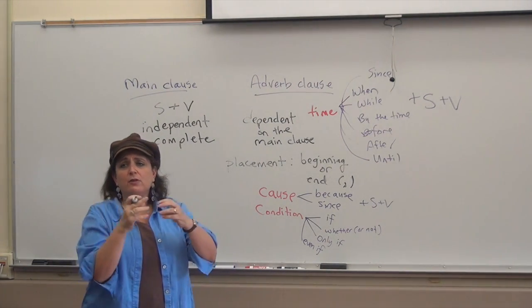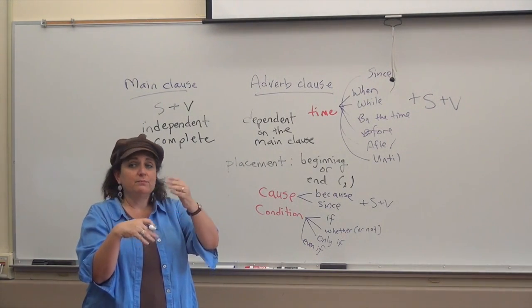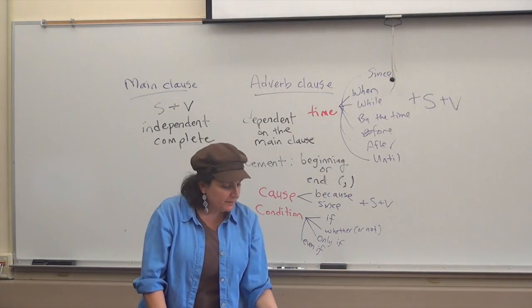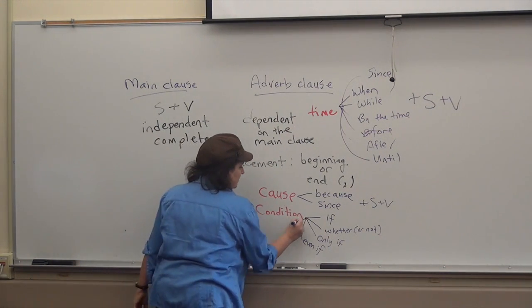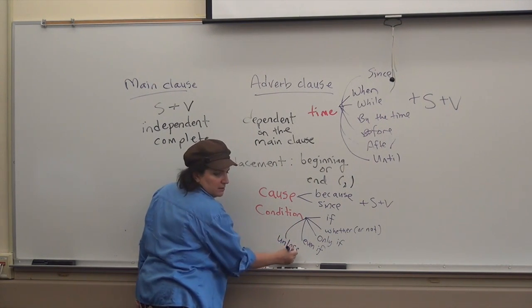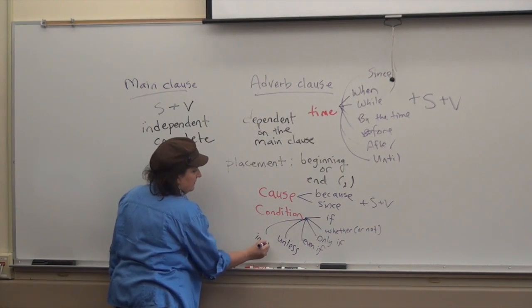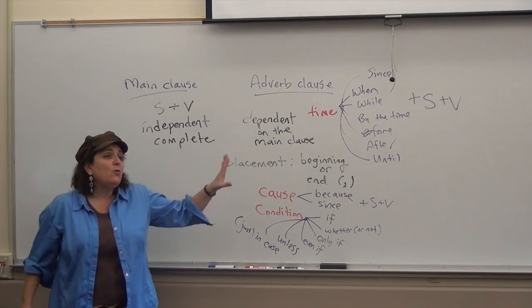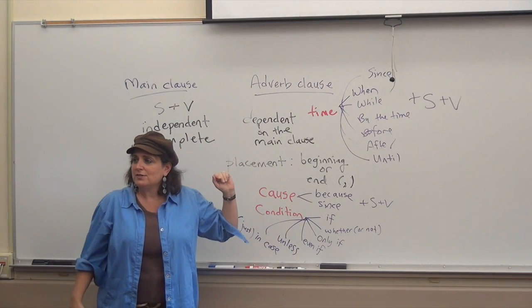That is followed by a noun, like despite this, despite it, despite that. Even if is followed by a subject and a verb. Unless, in case, and just in case. Okay, this is the big picture. We're going to spend time on all of these later in the course, don't worry.